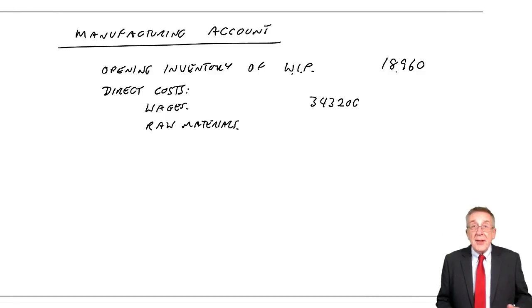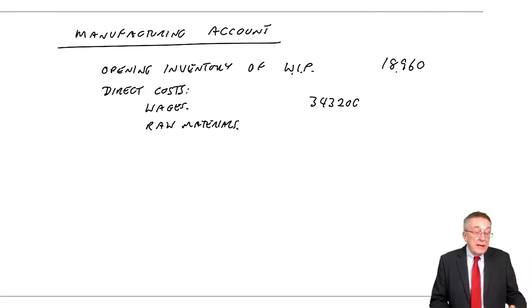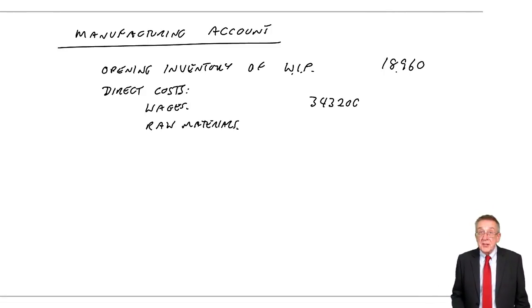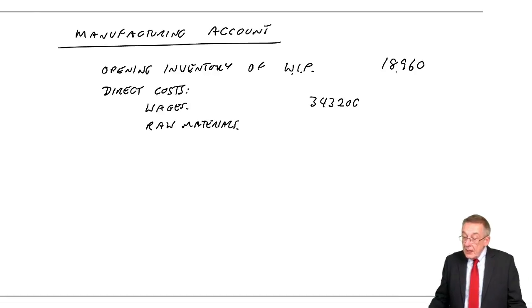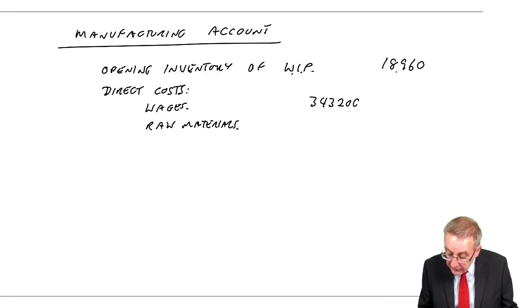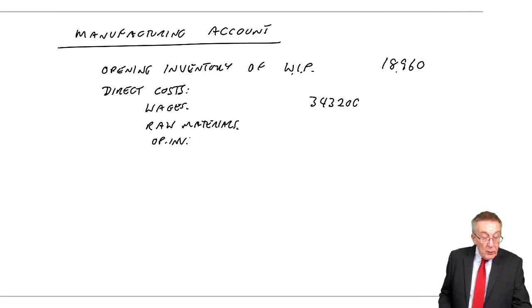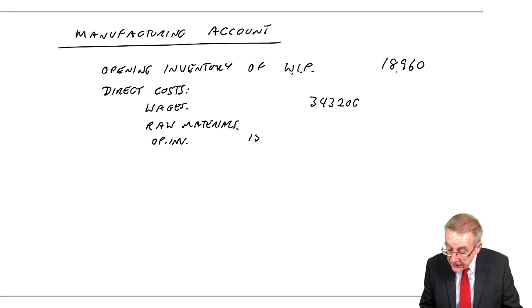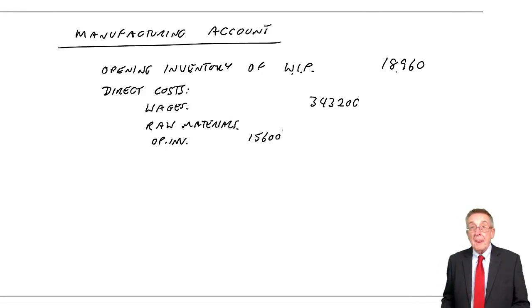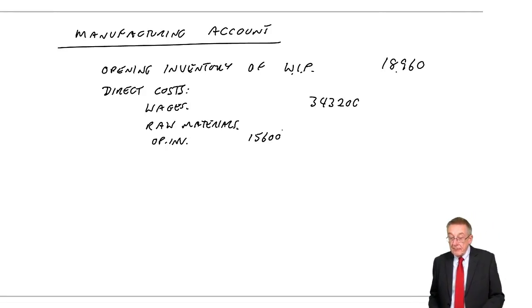And I need to add on the opening inventory because whatever we had at the beginning, that was used this year. So the raw materials, a bit of workings: the opening inventory, we already had 15,600 waiting to be used.